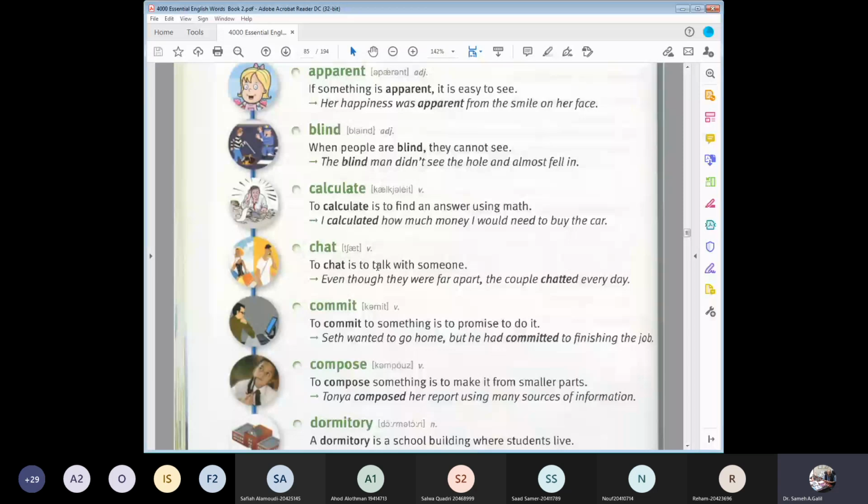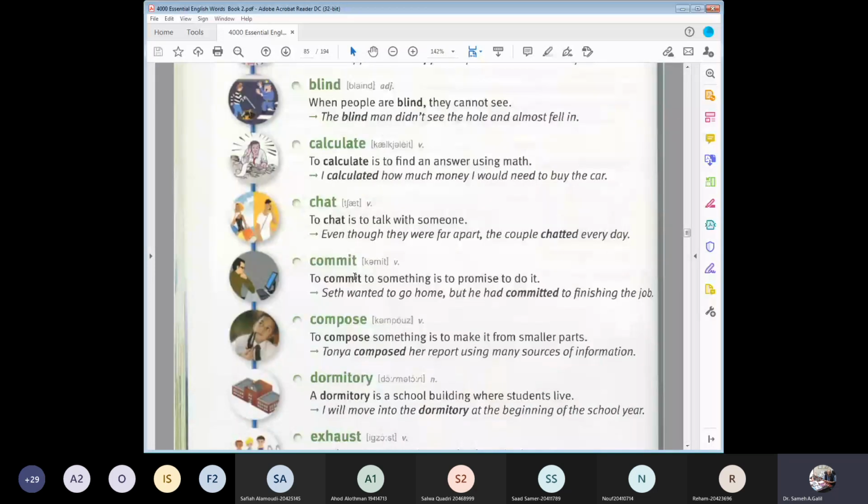And then you have the word calculate. To calculate is to find an answer using math. So calculation has to do with math. In math classes, you calculate, you put and add things together. I calculated how much money I would need to buy the car. This is the example. And then you have the word chat.